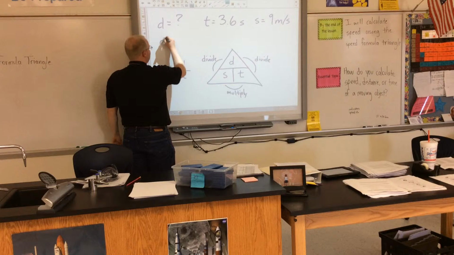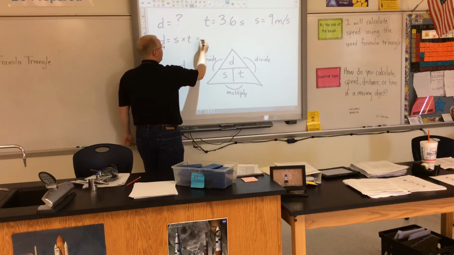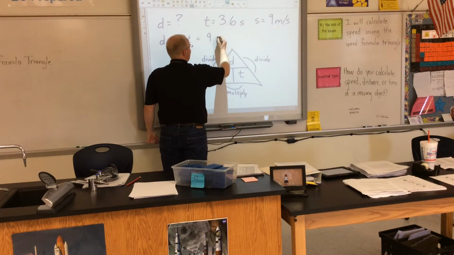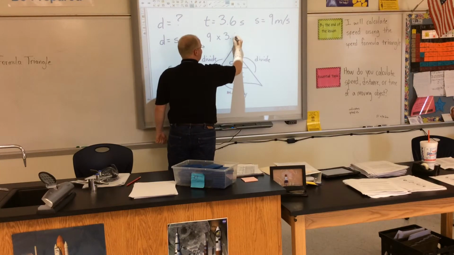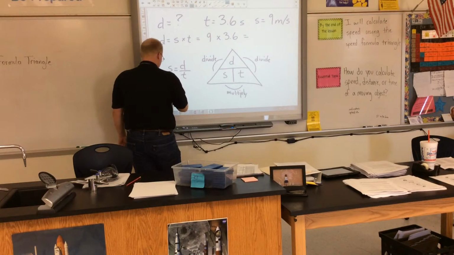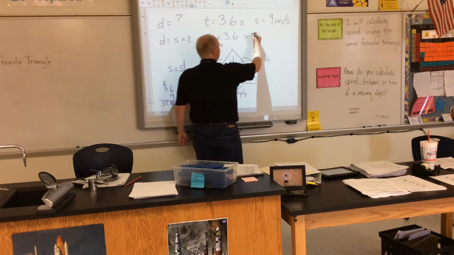So distance equals speed times time. Plug in my numbers: my speed is 9 times my time of 3.6. That equals 3.6 times 9, which is 54, 9 times 3 is 27, 29, 30, 32. Don't forget your decimal, so 32.4.